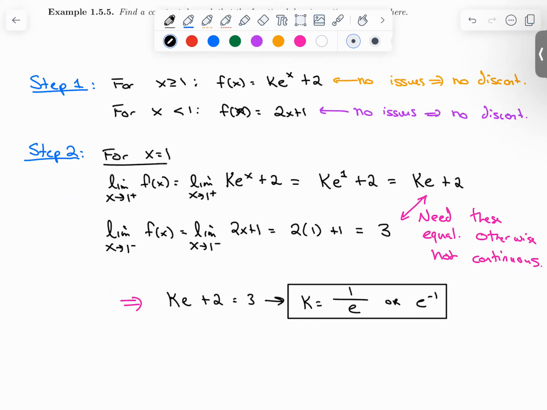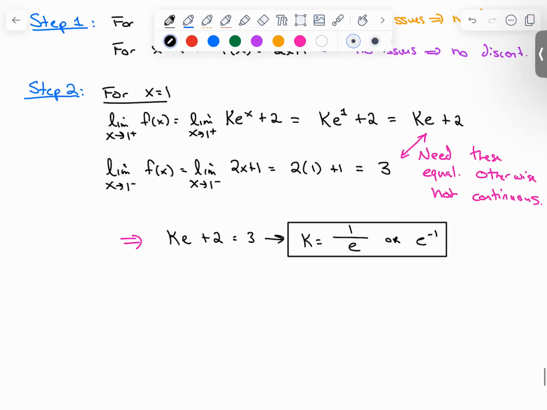Now, there is one thing that I am glossing over, technically speaking, and I'm going to write that down.